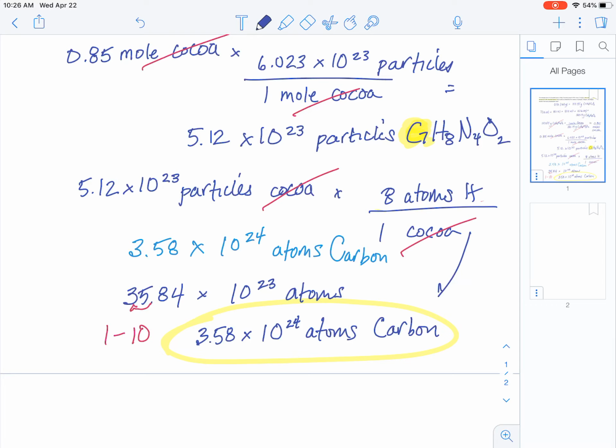And obviously that would give you a different number here. If we wanted to solve for nitrogen, we would do the same, but instead of 8, it would be 4 atoms of nitrogen. If we wanted to solve for oxygen, it would be 2 atoms of oxygen.